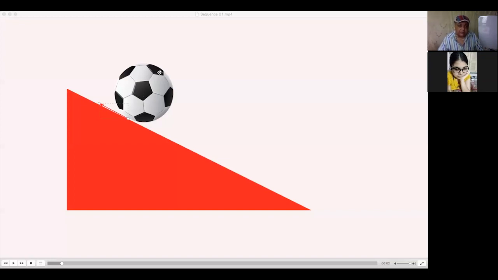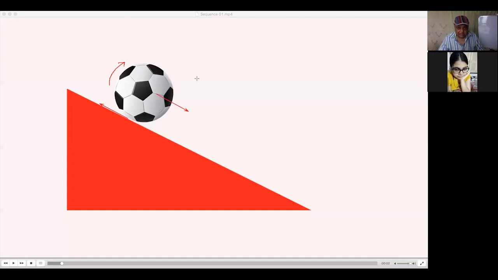But more than that, the friction is going to create a torque in this direction. So the ball is going down with some velocity, and as it goes down, it also starts to rotate.